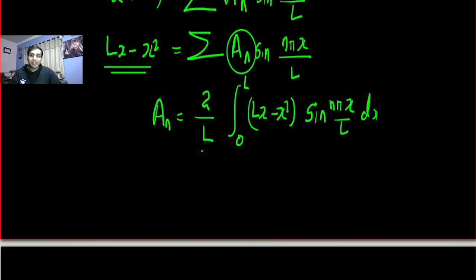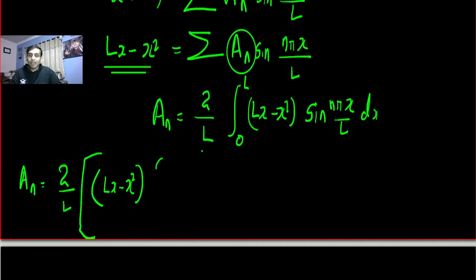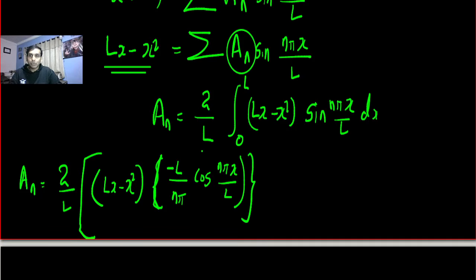So time for integration. I'm going to get an equal to 2 by L, and I'm going to put a big bracket. It'll be nice if you know Fourier, pause the video, try it. The integration will be, in a big bracket, minus L by n pi cos(n pi x by L), close the bracket, 0 to L, minus, you have to differentiate this.